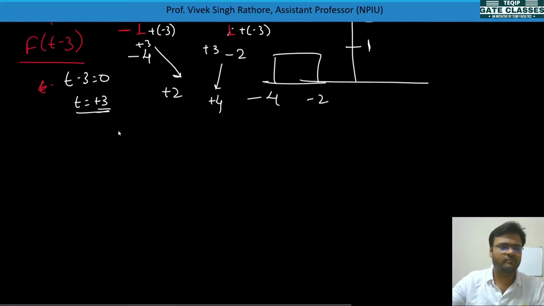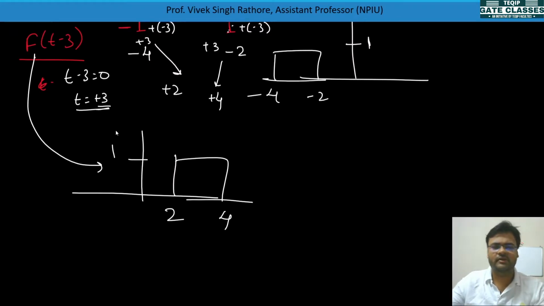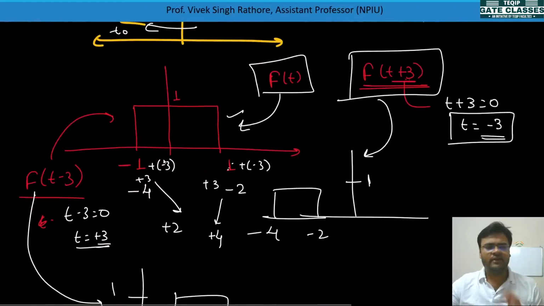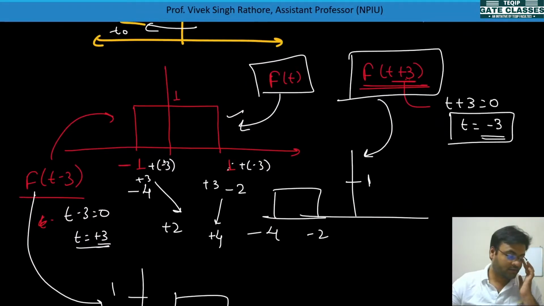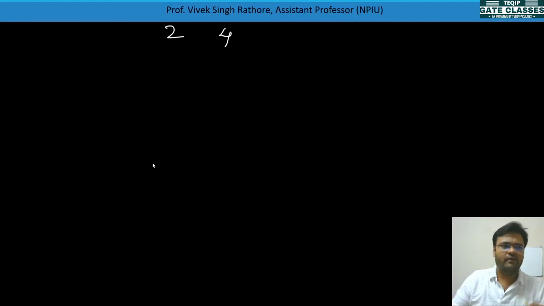The signal now goes from 2 to 4 and the magnitude remains the same. This is f(t minus 3). I think now you can understand the time shifting property: you shift towards the left or towards the right.